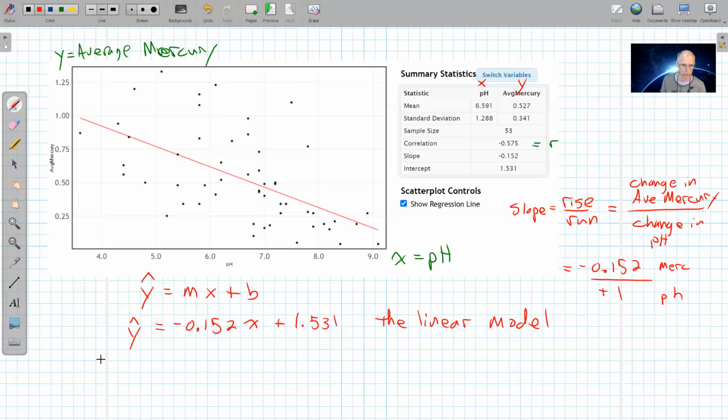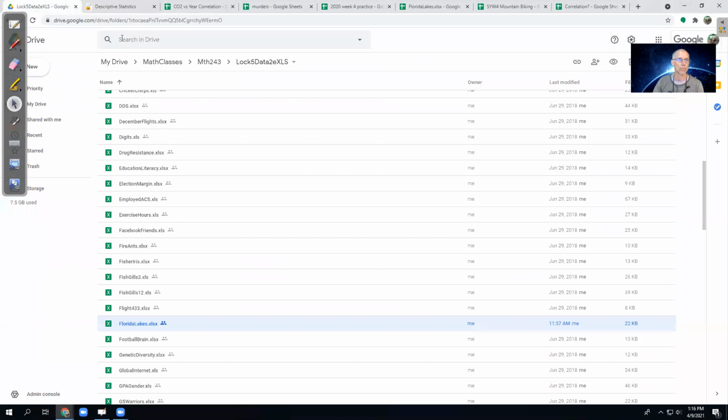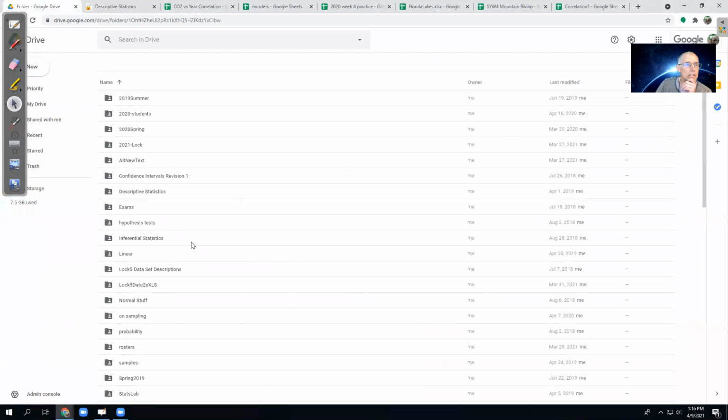So often you're going to be asked to interpret the slope in a situation like this, which means tell me what it means in terms of the given variables. Now, if we don't know how these variables are measured, we've got a problem. So I just want to double check average mercury. Did I ever find a good definition of that? Let's see, I looked it up earlier. Give me a sec to find it here.